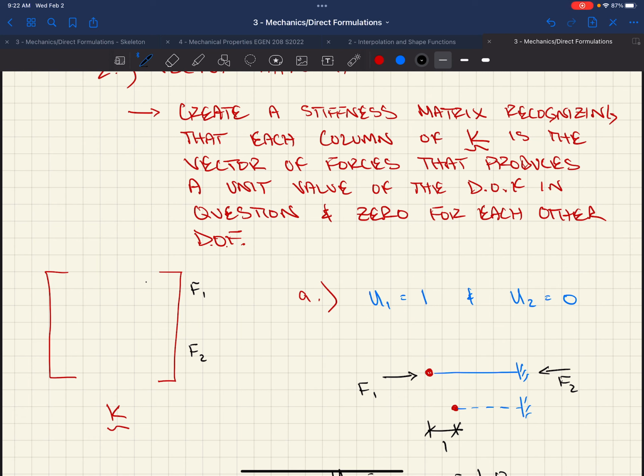So our first column gives us a vector of forces that produces a unit degree of freedom displacement at U1 of 1 and 0 at U2. And similarly, the second column, U2: it's the forces at 1 and 2 that give us a unit displacement at 2. Make sense?